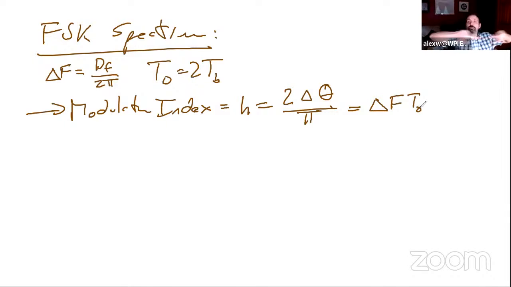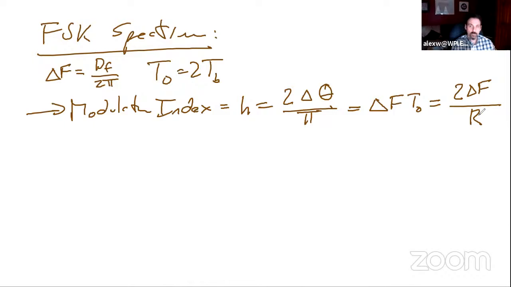So think of it this way, the change over two symbol periods, which in this case, because it's binary FSK, is two bit periods. What we want to find out is the change in the frequency, and this is equal to 2 delta f divided by r, which is the data rate, the bit rate.